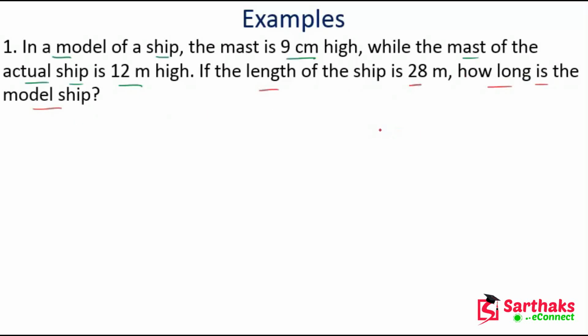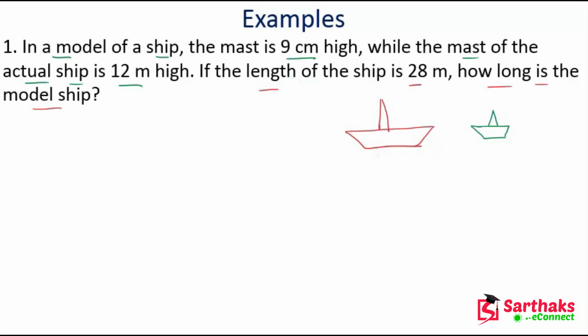So here, let's suppose this is the actual ship, and this is the mast. And let's suppose we have the model ship, and we know that the model ship is smaller than the actual ship, and this is the length of its mast.